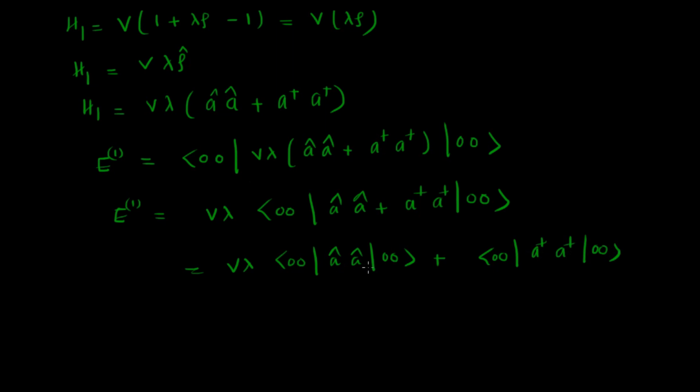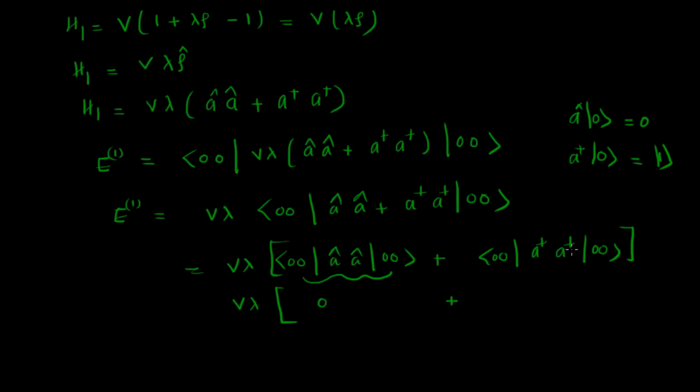The a acting on 0 will always give you 0, and a plus acting on 0 will give you the state 1. So this first term will be 0, because the annihilation operator acting on the ground state gives 0.